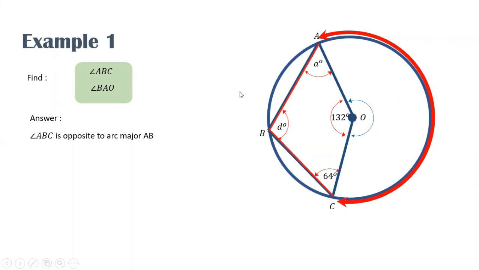So it means D degrees is opposite to the reflex 132 degrees. Is it right, everyone? It means D degrees is the angle at circumference and reflex 132 degrees is the angle at center.